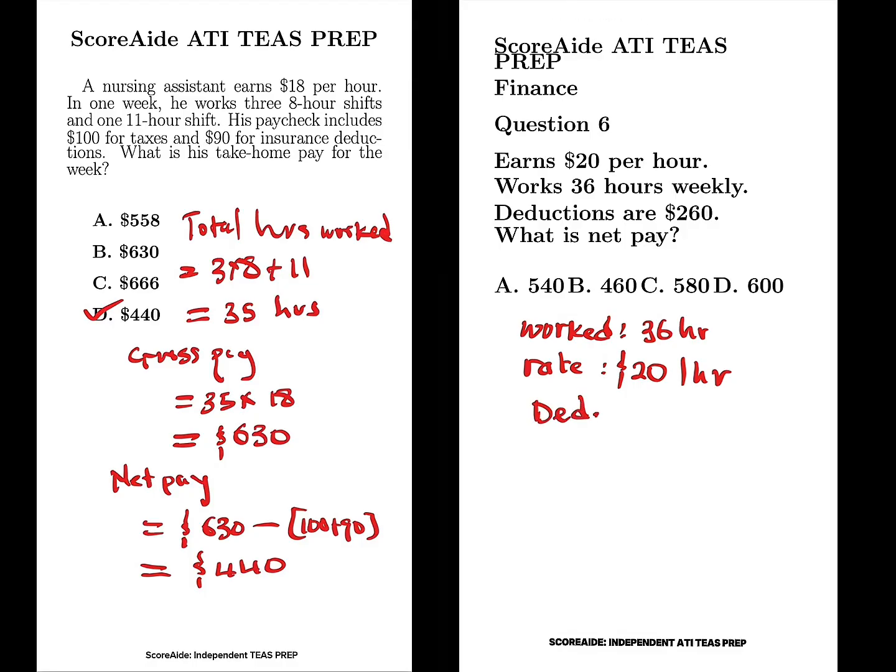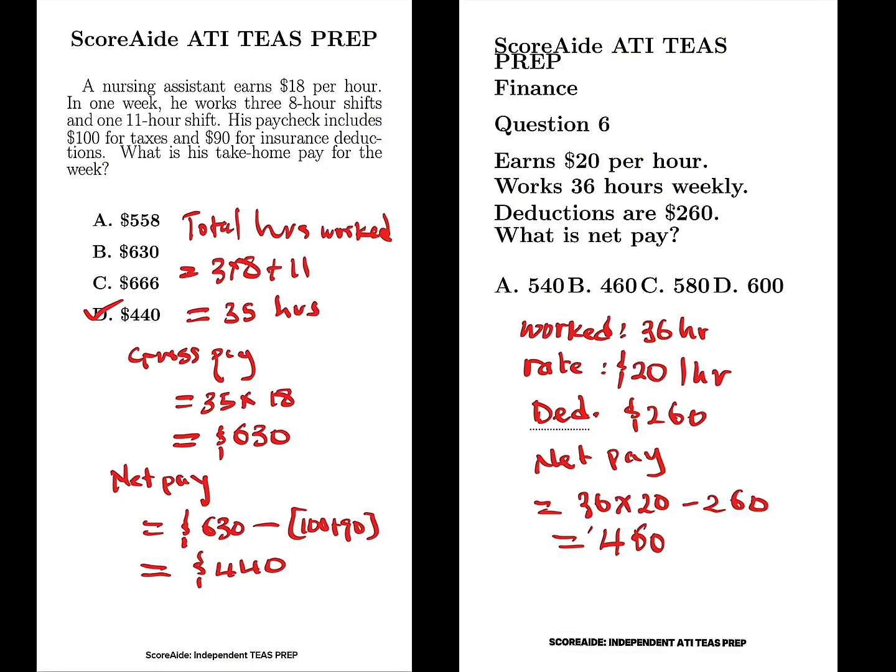Deductions $260. Net pay is going to be equal to 36 times 20 minus $260. So that's going to be $460, right? So the answer there is going to be B, $460.